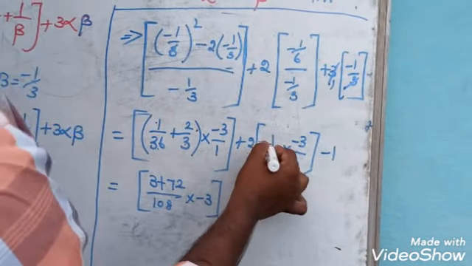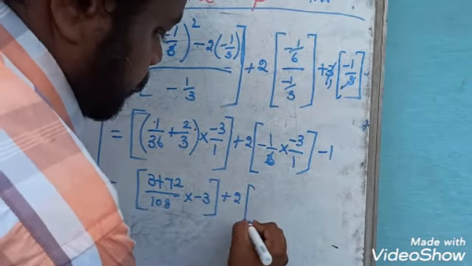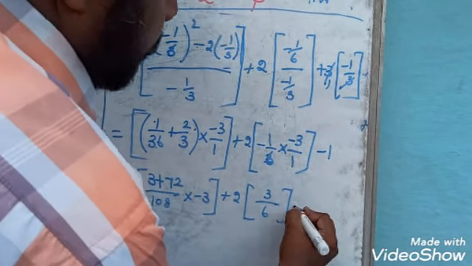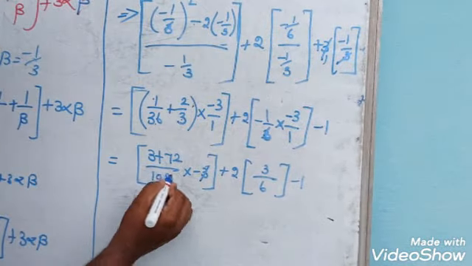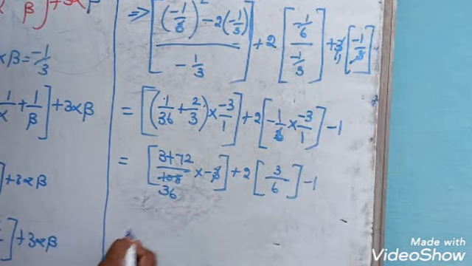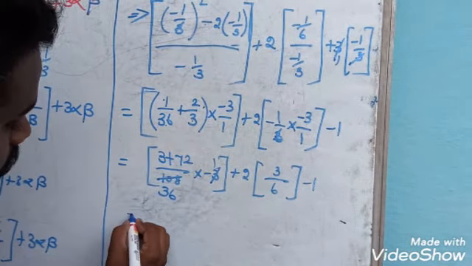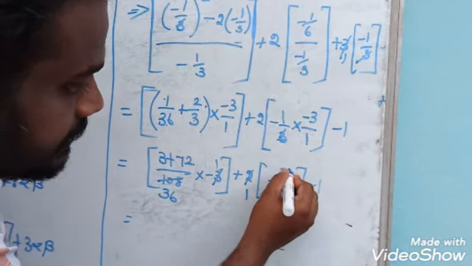So here minus into minus is plus, 3 by 6, 3 by 6, minus 1. So 1 3 is 3, we get 3 3s are 9, 6 3s are 18. So minus 1 is there. Here 1 2 is 2, 3 2s are 6, 1 3 is 3, 1 3 is 3.